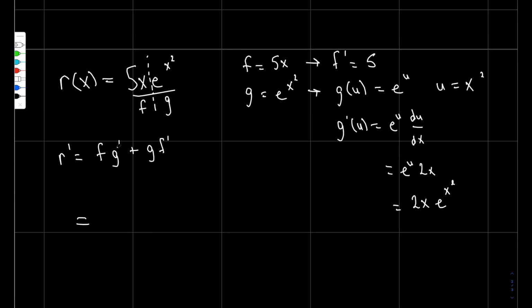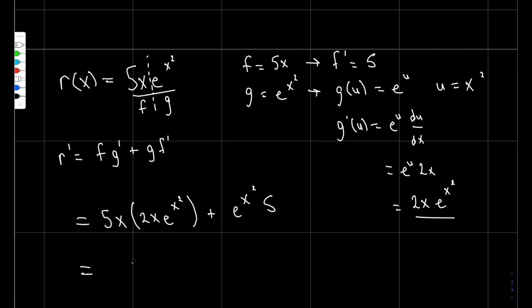So now let's put this all in. We have f, which is just 5x, times the derivative of g, which is 2x e to the x squared, plus g, which is just e to the x squared, times f prime, which was 5. And now we can simplify.